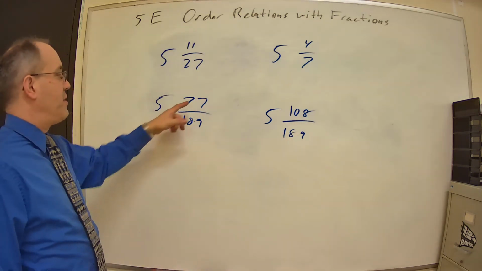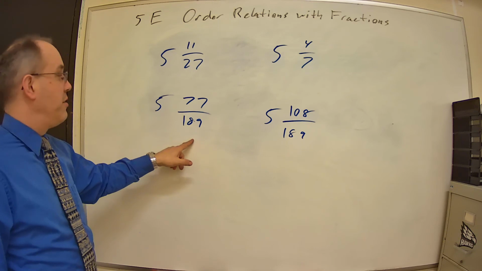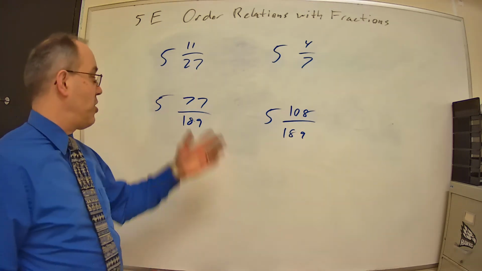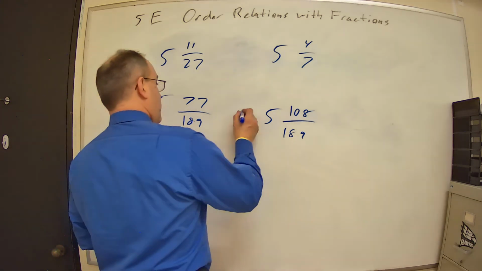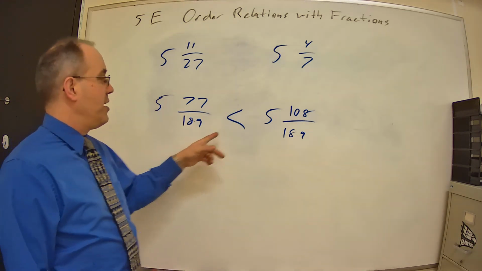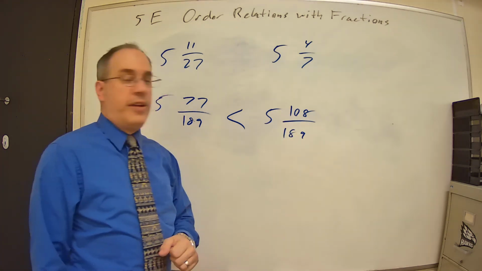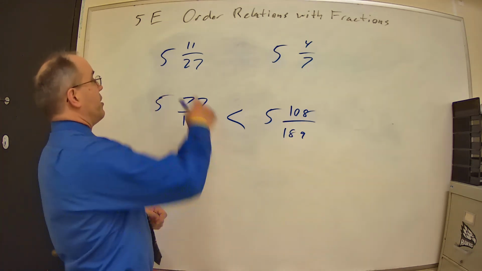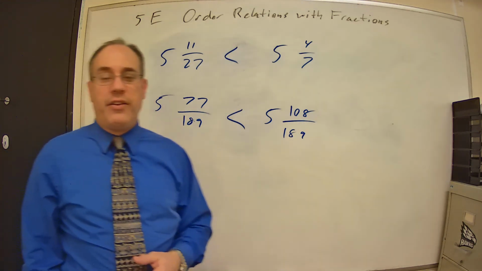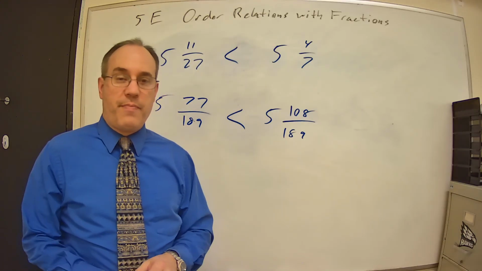So I have 5 and 77/189 and 5 and 108/189, so obviously 108 is larger than 77. So therefore 5 and 77/189 is less than 5 and 108/189. So therefore 5 and 11/27 is less than 5 and 4/7.